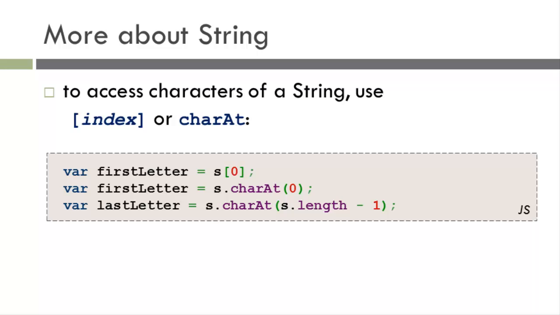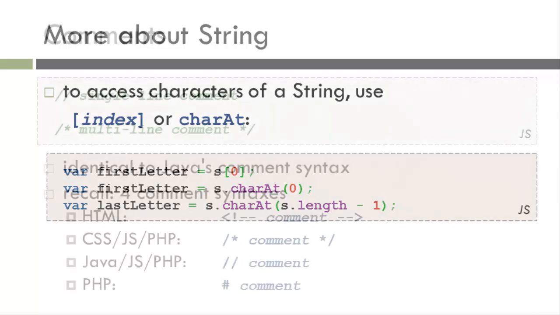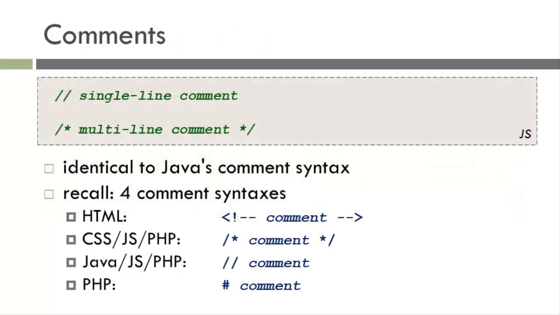Also, strings act as arrays. To access a particular character, you can use the index to get that character, or you can use charAt, two different methods that accomplish the same thing. There are two ways to do comments in JavaScript. For a single line comment, you can do 2 forward slashes.